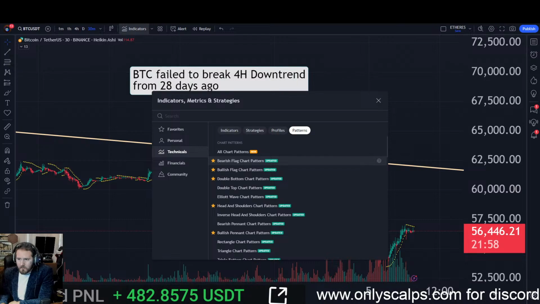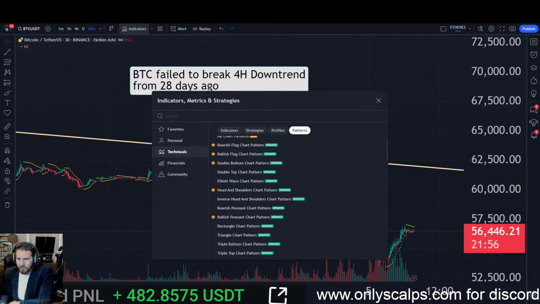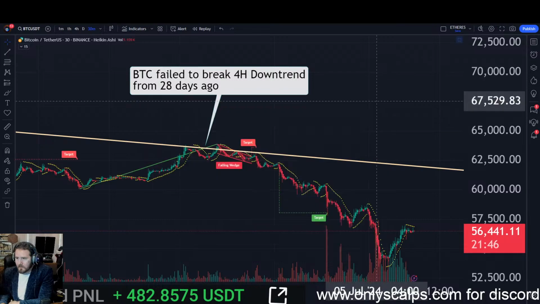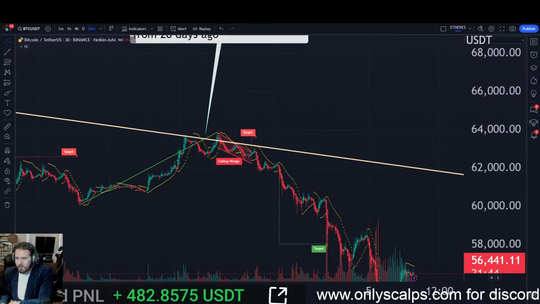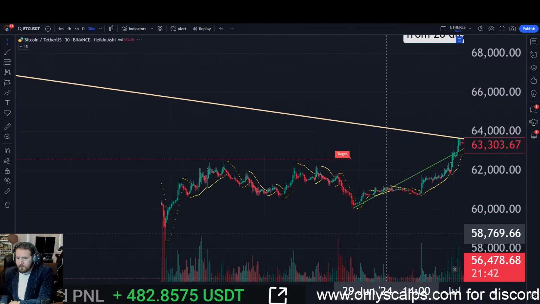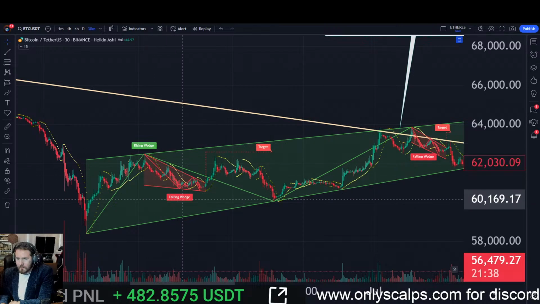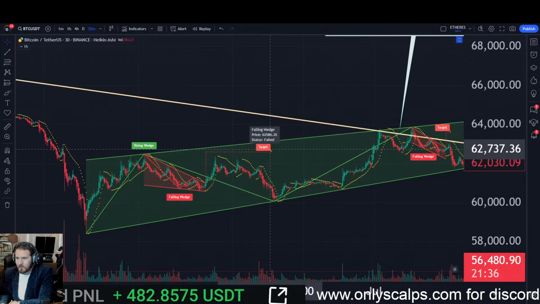And we're going to look at some of the wedges. Look at the rising wedge and the falling wedge. So right here, we had the rising wedge, and then we had the falling wedges as well.